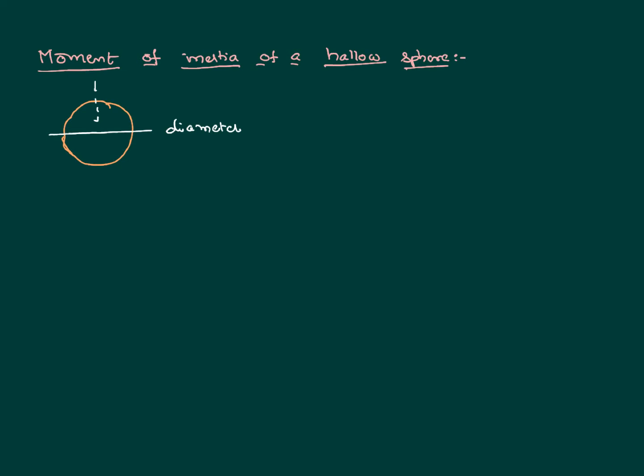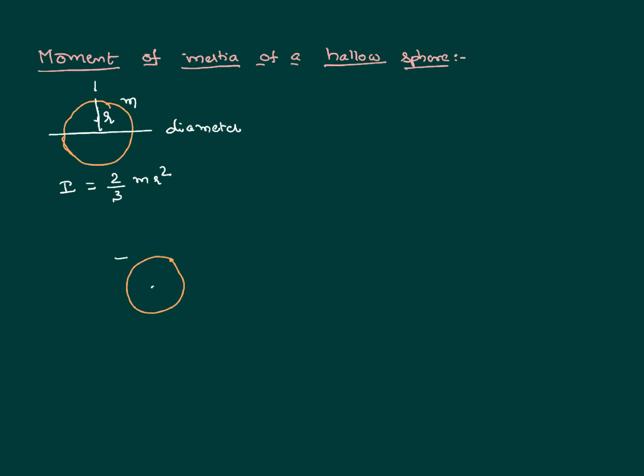We need to calculate the moment of inertia, assuming its mass is m and radius is r, using an integration approach, and it can be mathematically proved that its moment of inertia is 2 by 3 mr square.